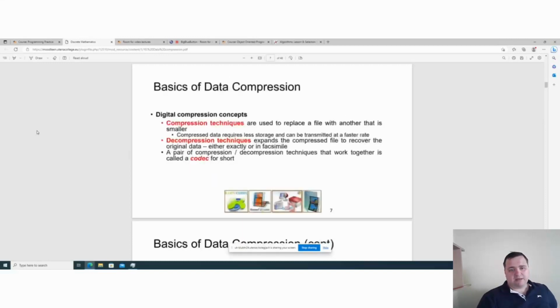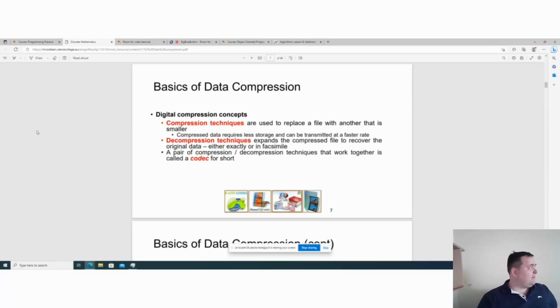Since I said that such things are used everywhere, images, sounds, movies, and so on, what makes it possible to make such conversions and compressions? Well, the codec packs. What kind of codec packs do we know?